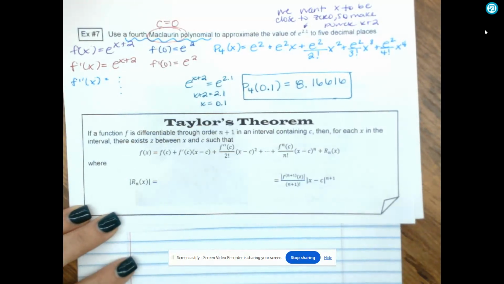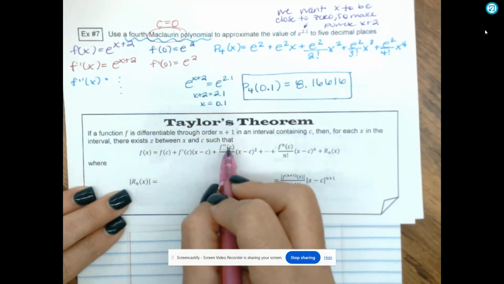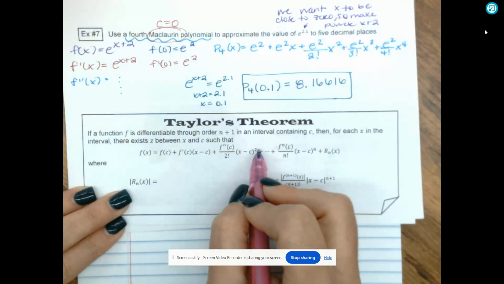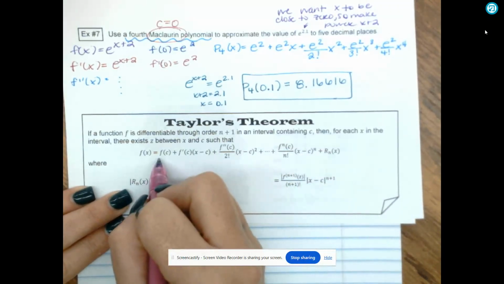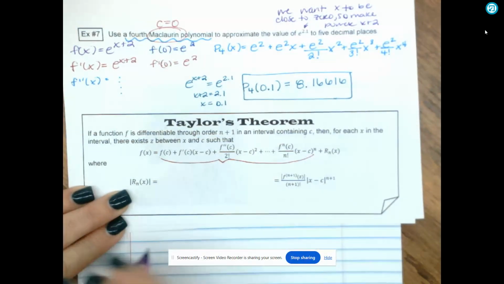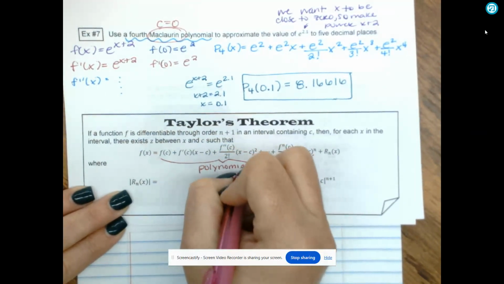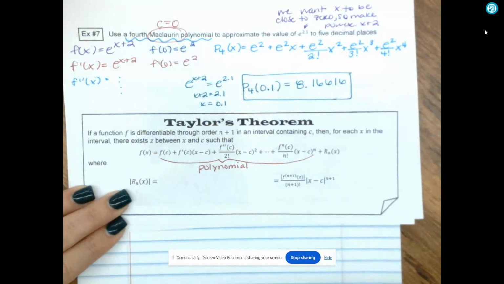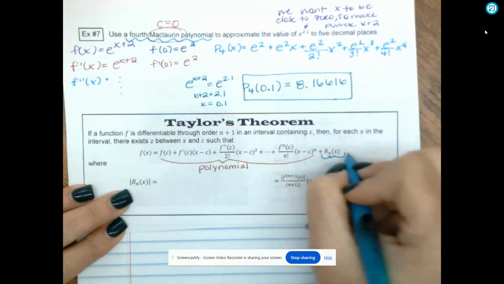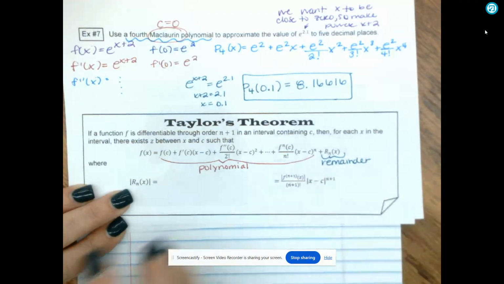Okay, so if you pay attention, right here, f of c plus f prime of c times x minus c plus f double prime of c over 2 factorial times x minus c squared, all of this right here was the polynomial. And then this over here should look familiar as our remainder.